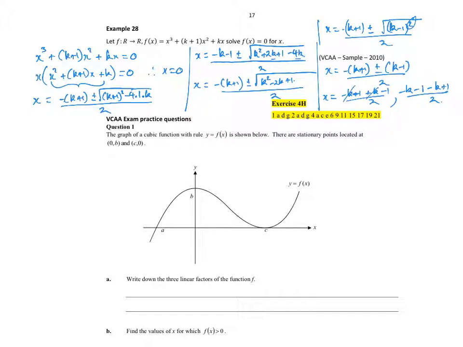Minus k minus 1 plus k, negative 1 minus 1 is negative 2, negative 2 on 2, minus k is minus 2k, negative 1 plus 1 is 0 over 2, so x equals negative 1 and negative k.